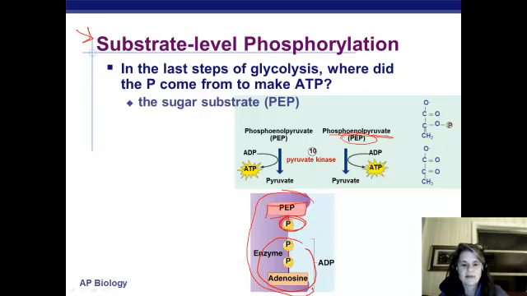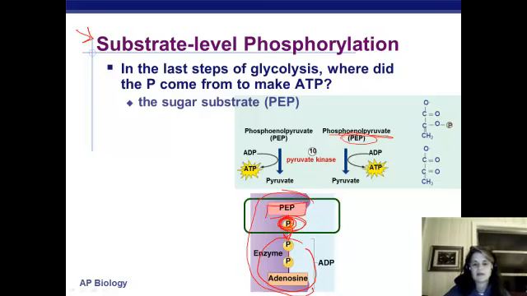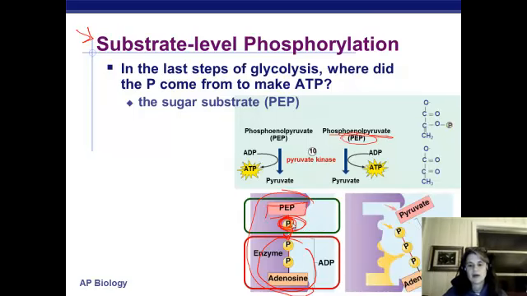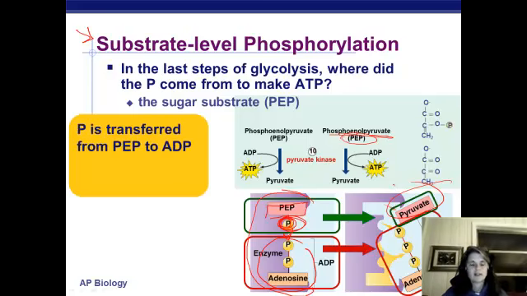Well, this enzyme causes this phosphate to come off and stick onto here, to ADP, and thus, once that happens, we have, ta-da, ATP. And we also have a pyruvate molecule. Okay? So, those are our creations from substrate level phosphorylation.